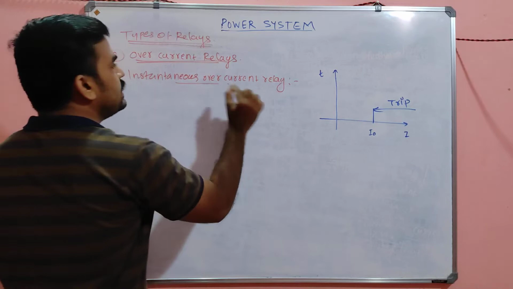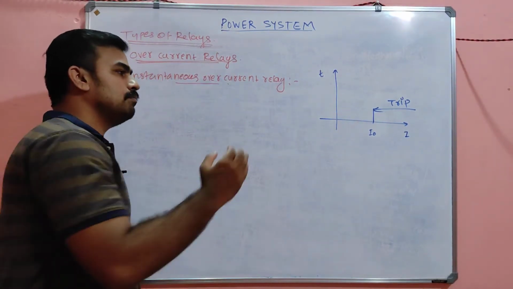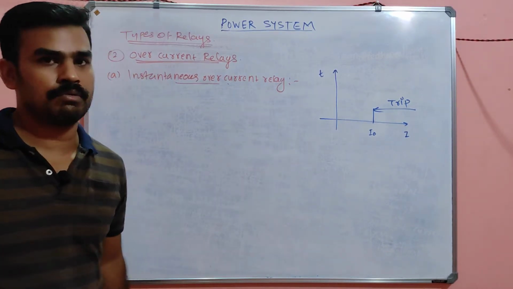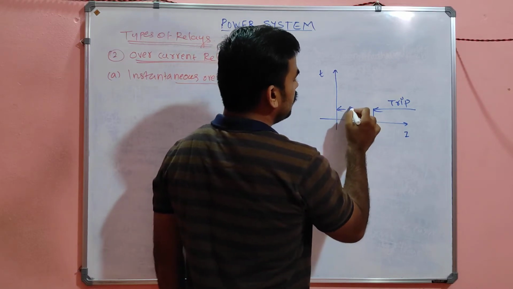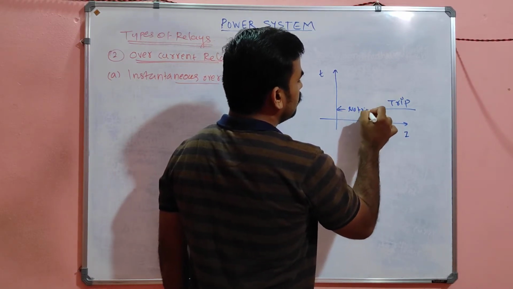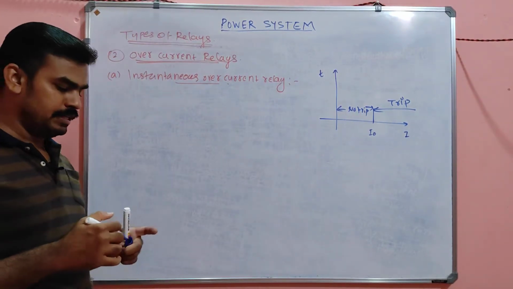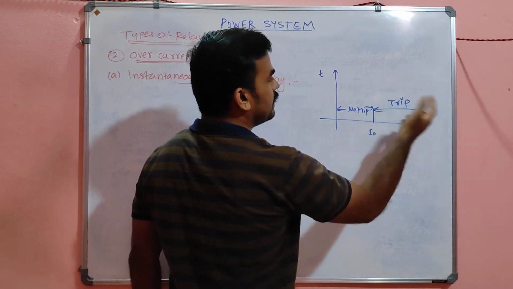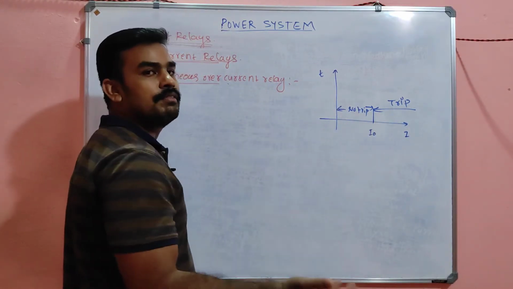So instantaneous overcurrent relay means at the instant when the current reaches the pickup current, it will operate and trip the circuit. And below that, there will not be any trip or any issue. No trip, that's all, simply. The diagram itself clearly indicates that after this particular point it will trip and before it will not trip.